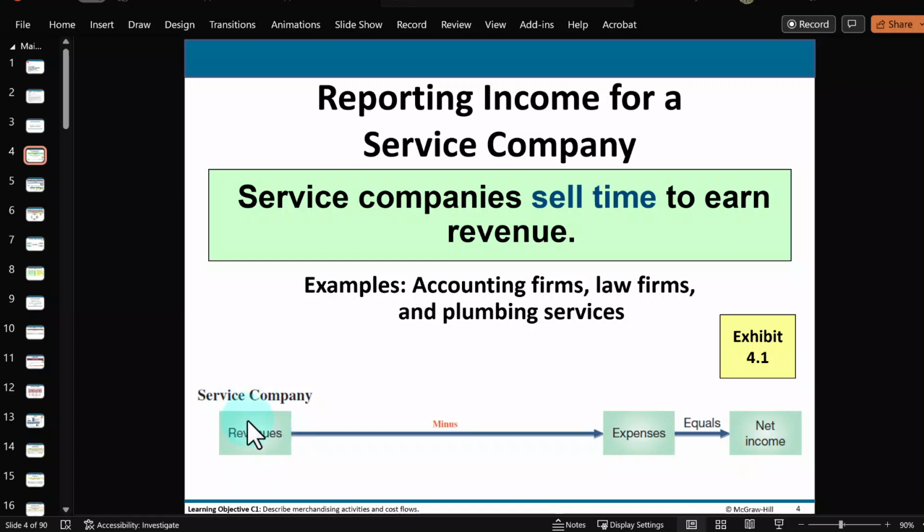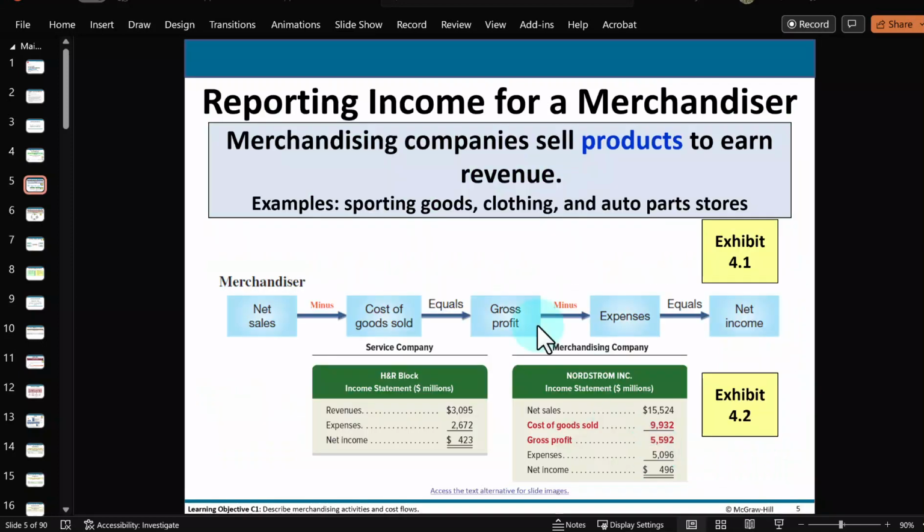But to earn revenue, we have to incur expenses or costs. So we're going to take that revenue and minus out those related costs to get the company's profit, here called net income or net earnings. Now, in the case of a merchandising company selling products or goods, we're going to have an extra step here.